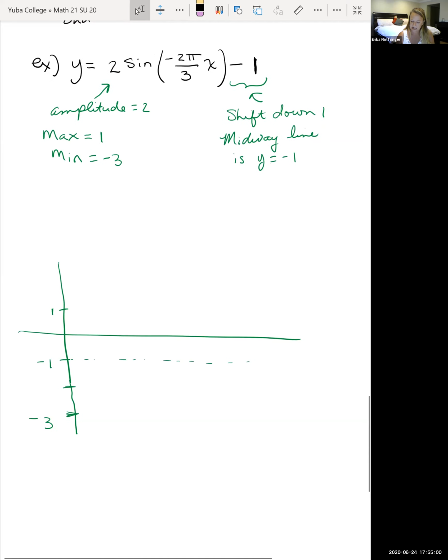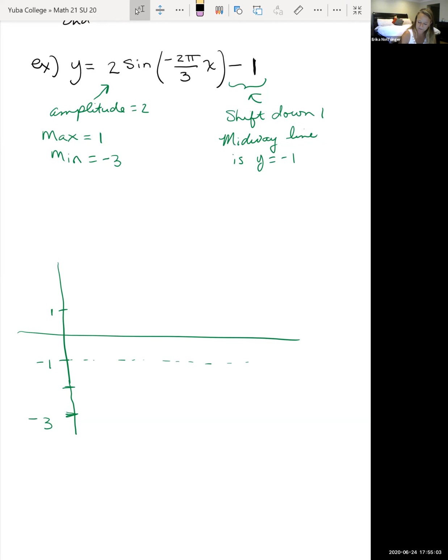And now I just need to figure out what my period is. We can do this the same way. 0 is less than or equal to -2 pi thirds x is less than or equal to 2 pi. You have to be careful, because if we multiply by a negative number and we're dealing with inequalities, that flips our inequality signs.